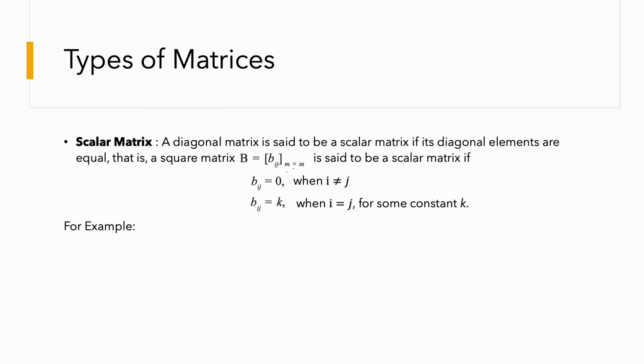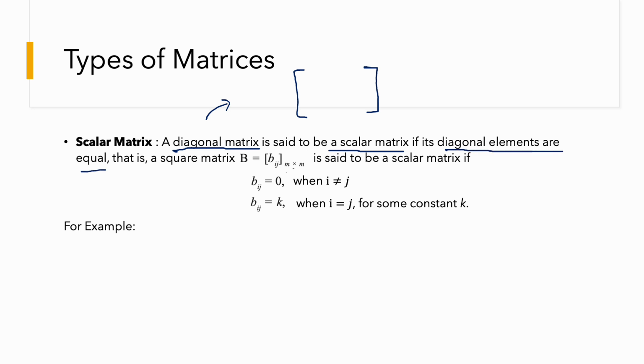Next, now we have a scalar matrix. A scalar matrix is nothing but a diagonal matrix only. What was a diagonal matrix? A matrix where the non-diagonal elements were 0. So any diagonal matrix is said to be a scalar matrix if its diagonal elements are equal.